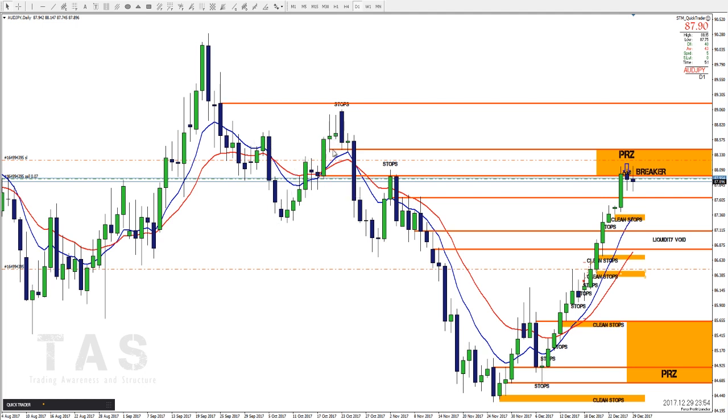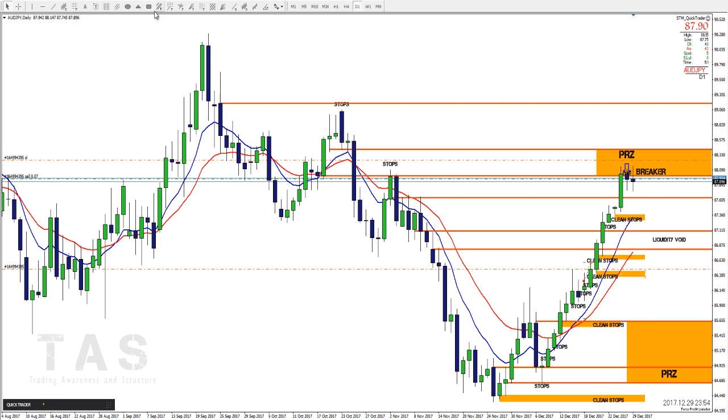Well, we have kind of a breaker here. If we connect these two candles, that could be a breaker. So I was looking either for this or for the block that started this. These two areas are similar.